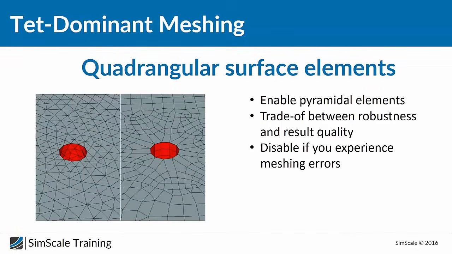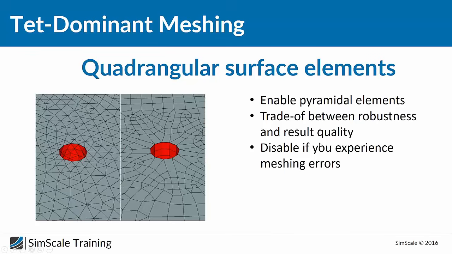The next option you will see is a quadrangular surface elements option. To understand what this means, the mesher is called Tet-Dominant Meshing, not a Tet-only mesher, which means we are creating mainly tetrahedral elements, but we can also create quadrangular elements.